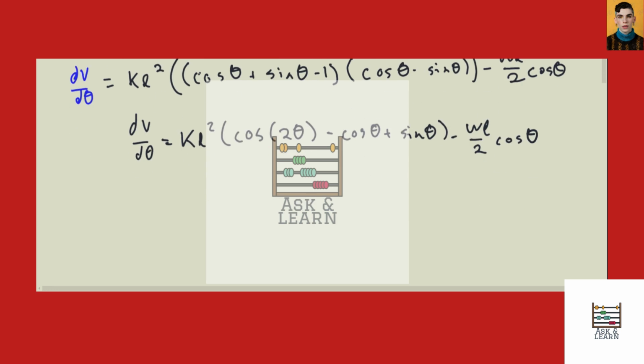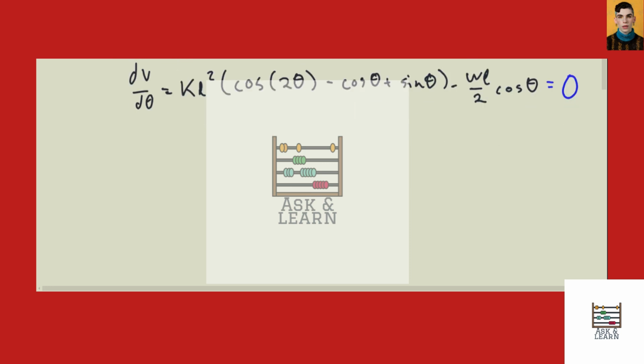And now we want to go ahead and use that equilibrium condition and set this equal to 0 and rearrange a little bit to get our like terms on different sides of the equation.